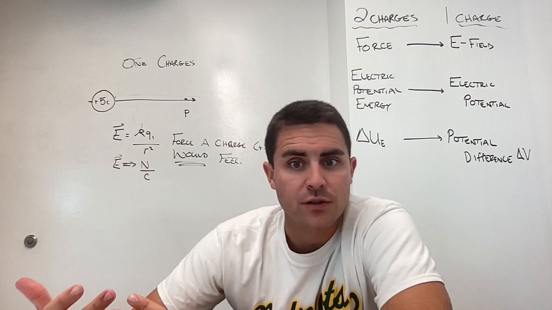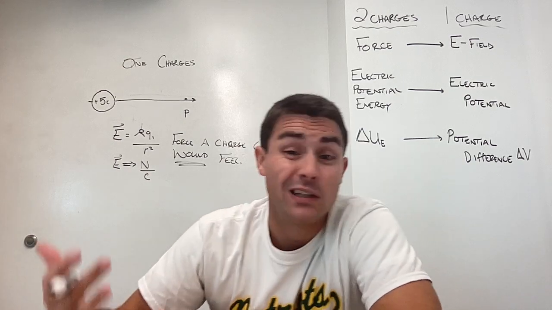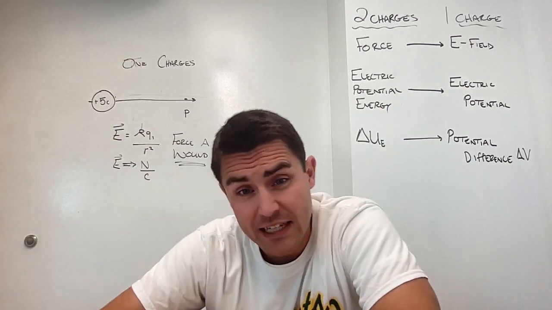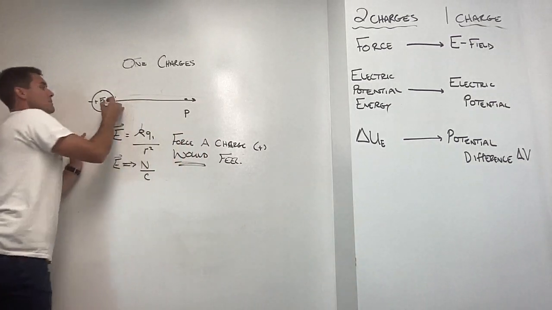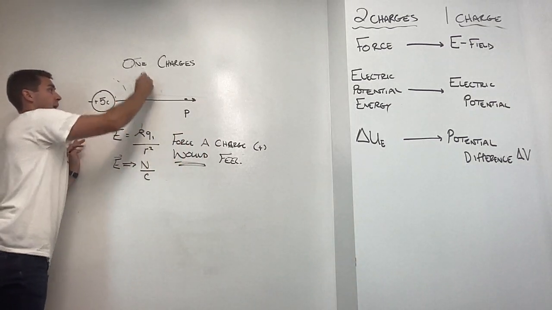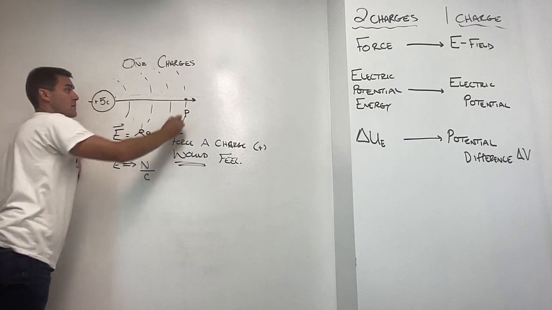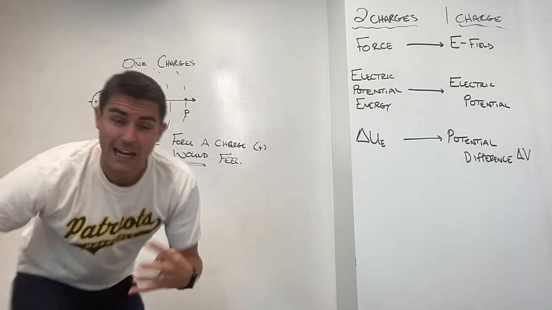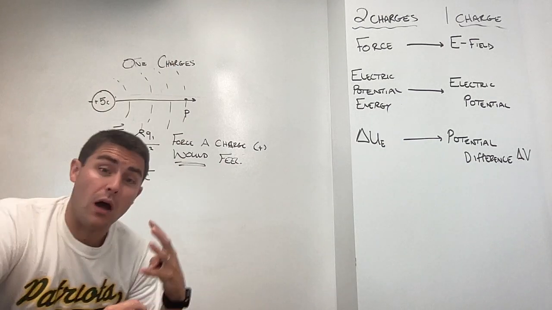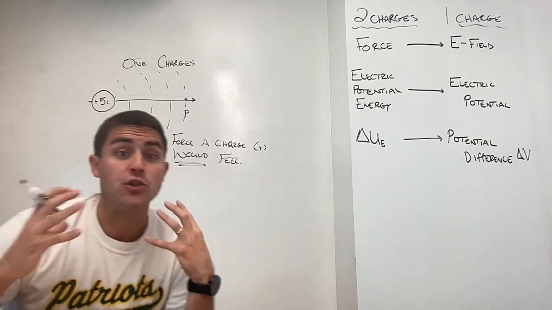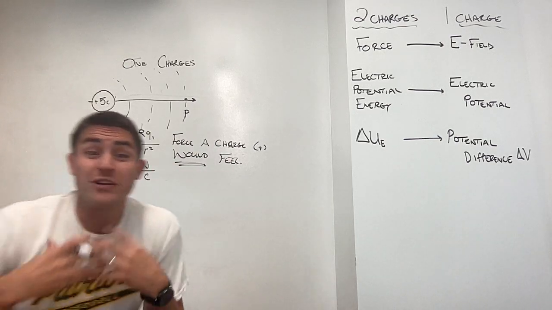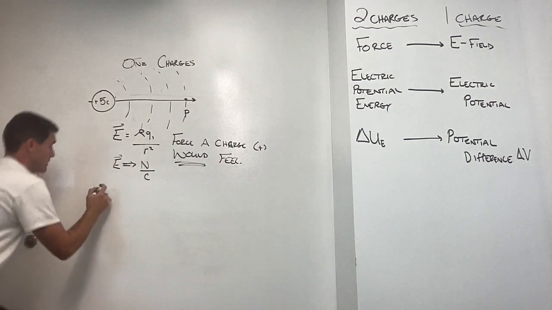Well, then I wonder what voltage is, or electric potential. Electric potential, like the name implies, is related to potential energy. At that same point exists an electric potential. If a charge was there, we could calculate electric potential energy, but we don't know what that charge is, so we can predict it using voltage.